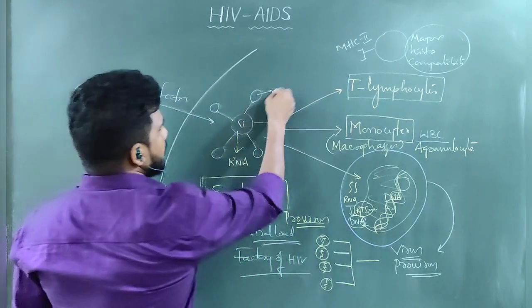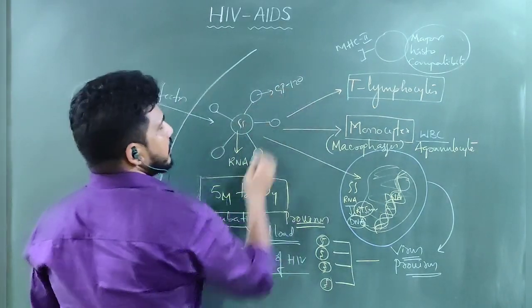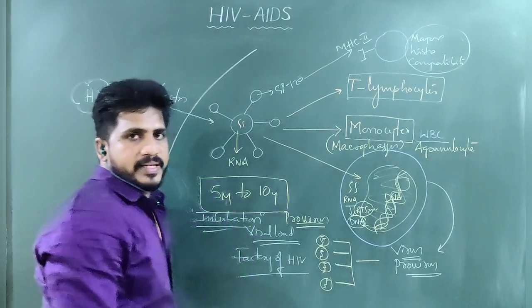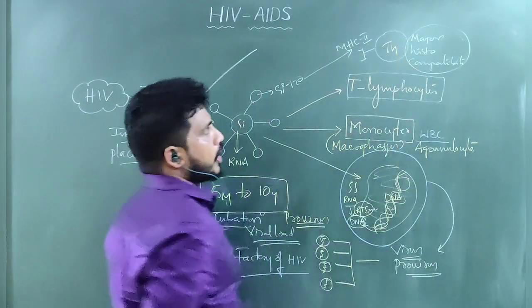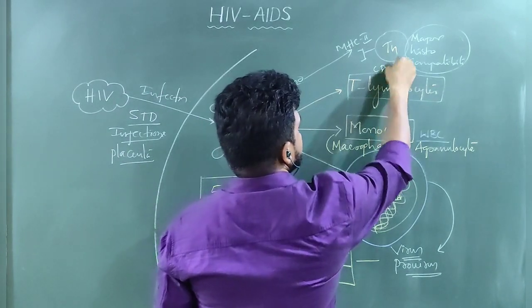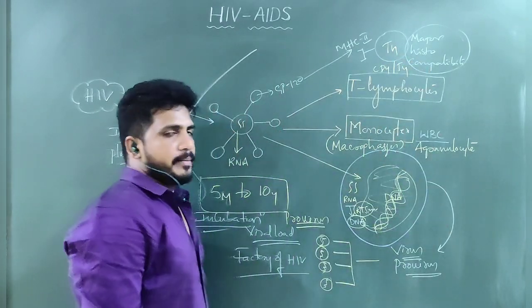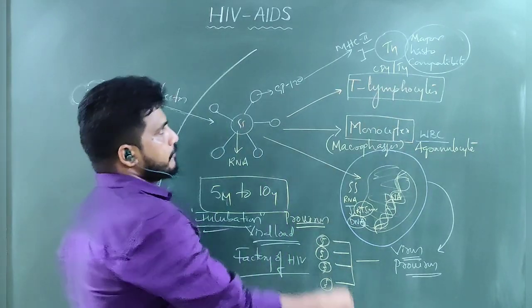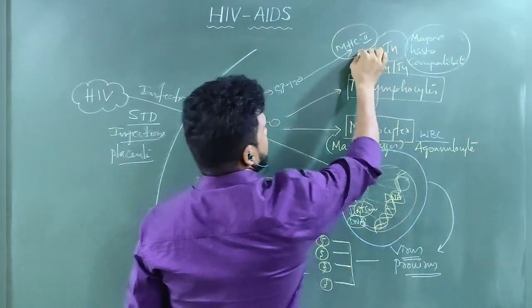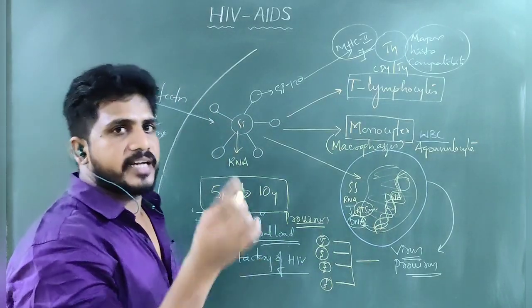But this GP120 receptor directly attacks the MHC2 receptors of the T helper cells. They are also called CD4 cells or T4 cells. CD means cluster of differentiation molecule. So T4 cells have very important receptors called major histocompatibility type 2.